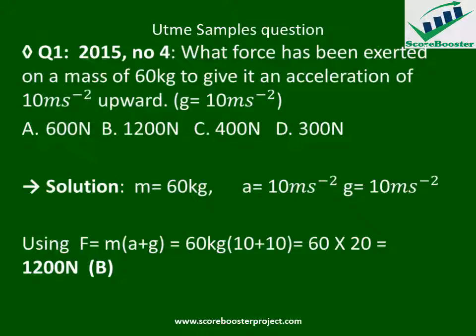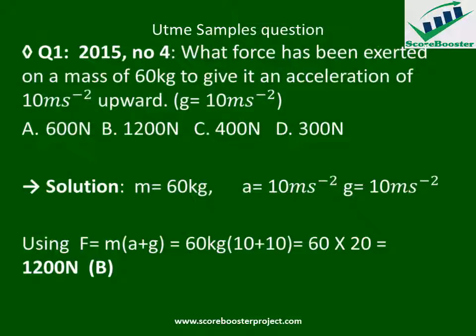Then you are given in brackets that G equals 10 meters per second square. Option A is 600 Newton, option B is 1200 Newton, option C is 400 Newton, while option D is 300 Newton.